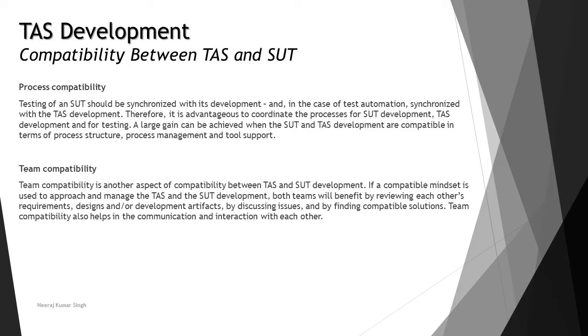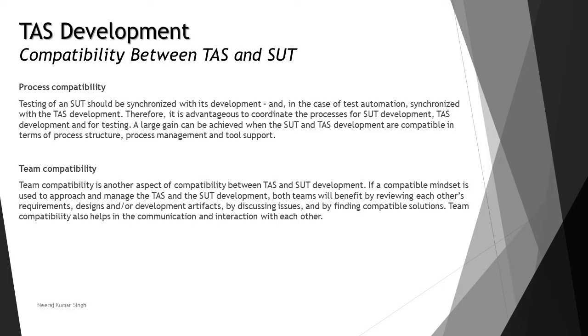Process compatibility generally involves what kind of steps have been taken so far, what kind of design has been done, what kind of analysis has been performed, what kind of review has been done. If this kind of process is synchronized, it is very advantageous for creating compatibility between the TAS and the SUT.